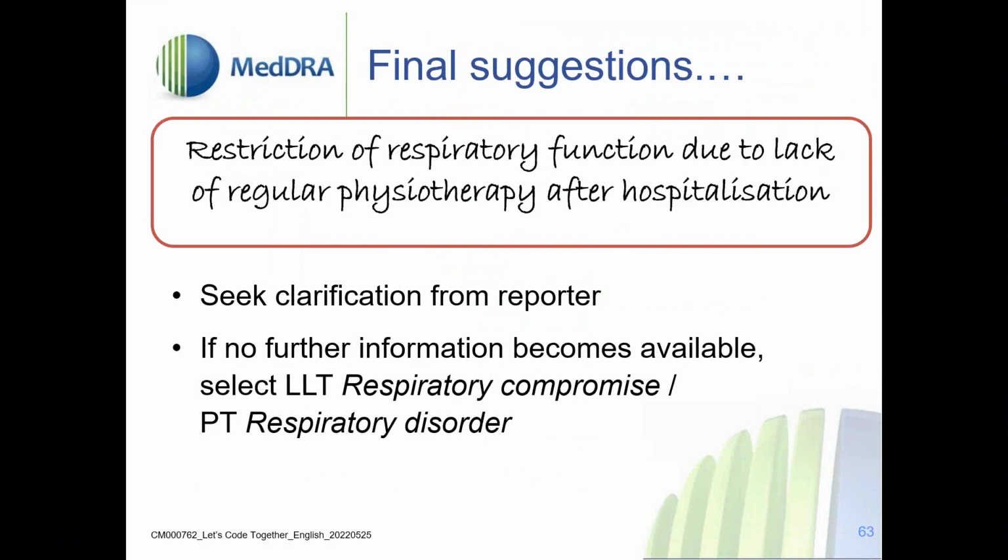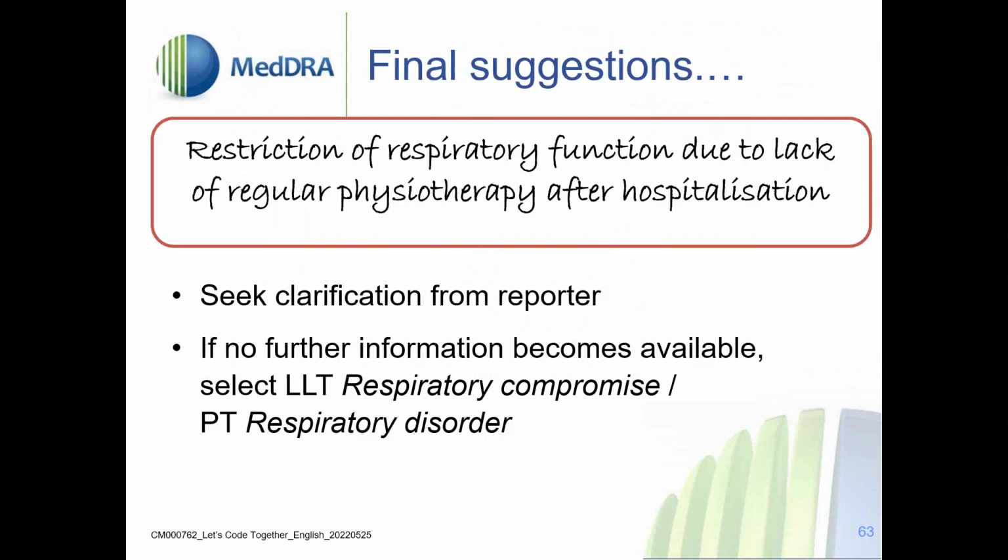And if no further information becomes available, we would prefer to assign a vague term like LLT respiratory compromise under PT respiratory disorder. This would then best reflect the vagueness of the reported condition without making any assumptions, and it would capture the limitation of the restriction of the respiratory function in an adequate way.